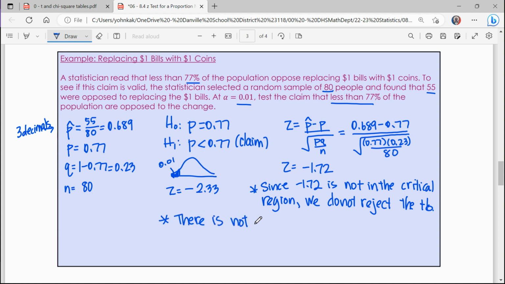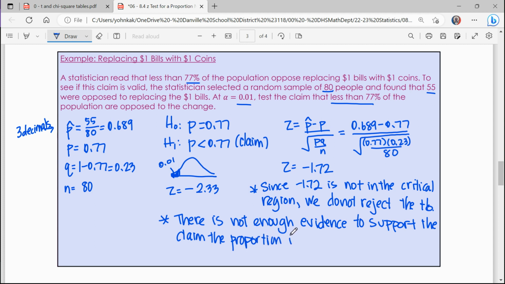There is not enough evidence to support the claim that the proportion is less than 77%. So then we answer the question. There is no question, so we don't have to answer it.